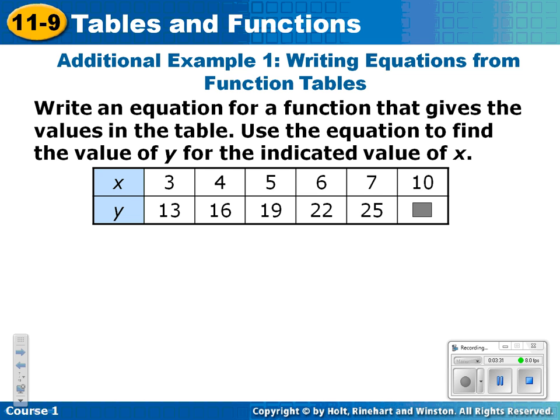No. What are you doing to 3 to get 13? There you go. Times 3 plus 4. So we're taking whatever these numbers are, we're multiplying them times 3, and then we're adding 4. Times 3 plus 4. So that's my pattern. Times 3 plus 4.